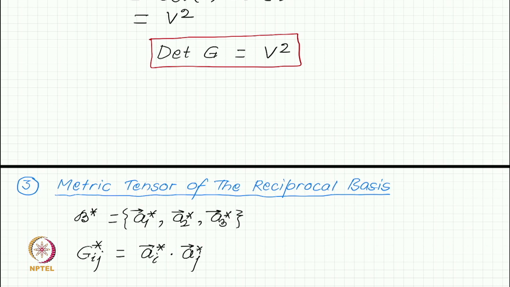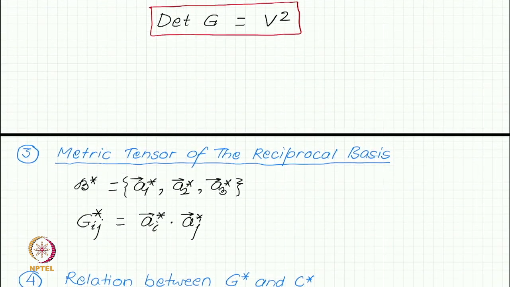But then since A i stars are defined in terms of A i's, this G i j star also must not be an independent quantity, must be related somehow to the real space quantity G in this case.